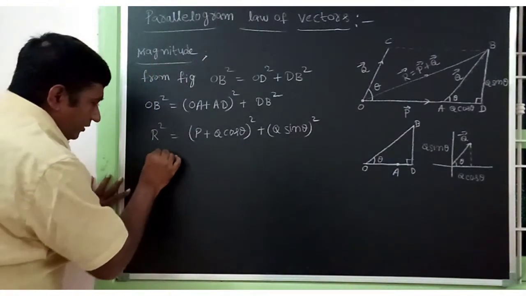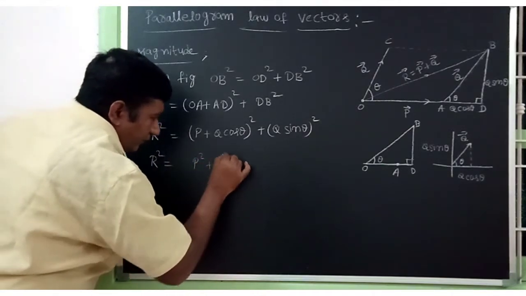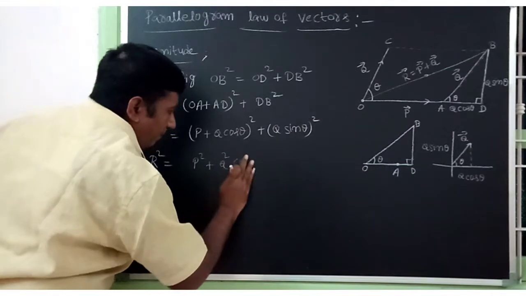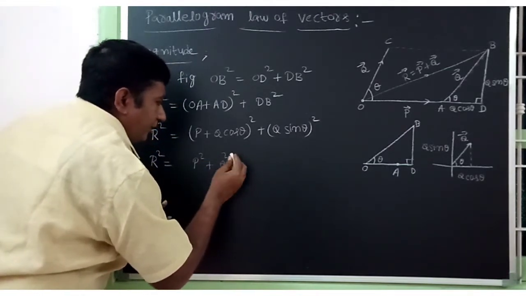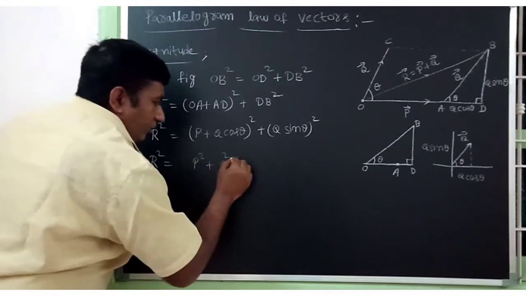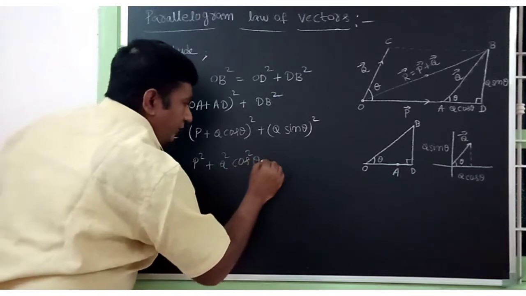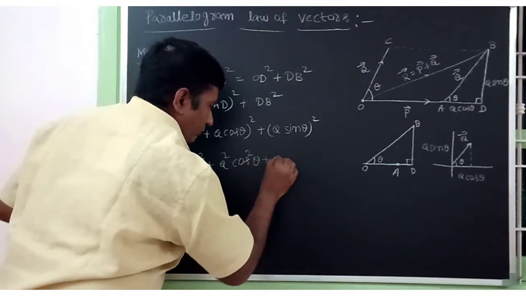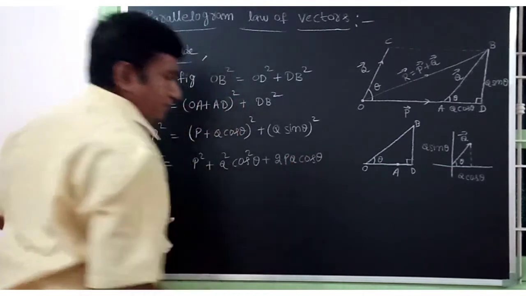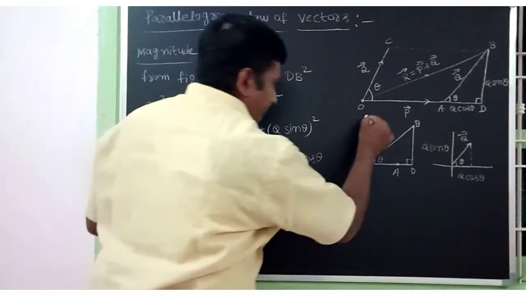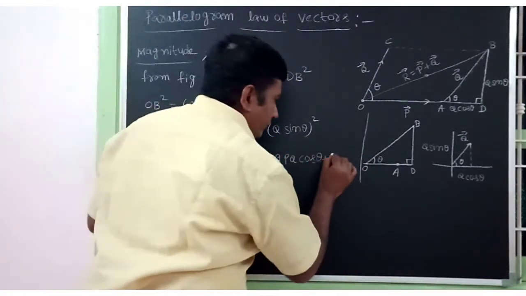With the help of this, R square equals P square plus Q square cos square theta plus 2PQ cos theta plus Q square sin square theta.